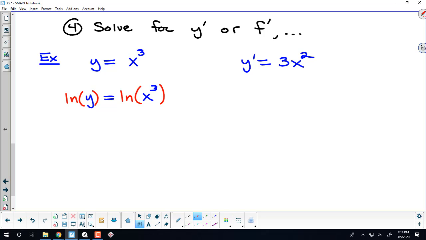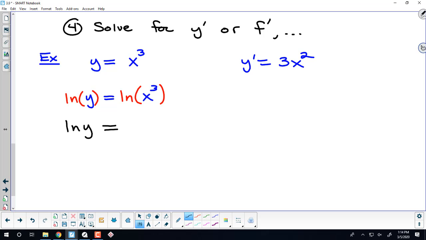The ln of y, there's nothing we can simplify there. The ln of x cubed, we can simplify using properties of logarithms. This has to stay as is.